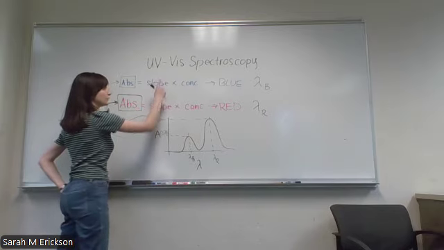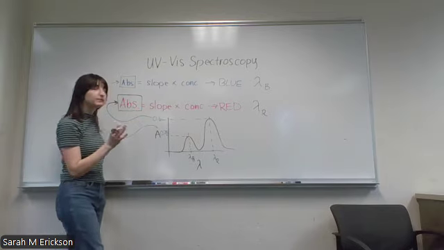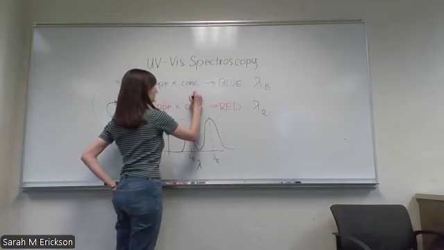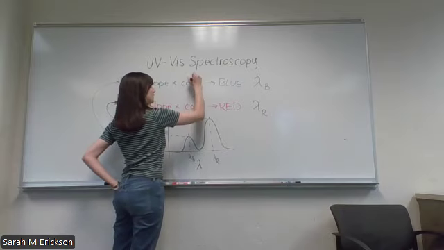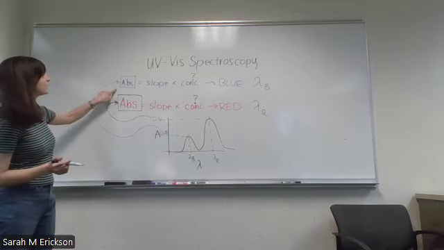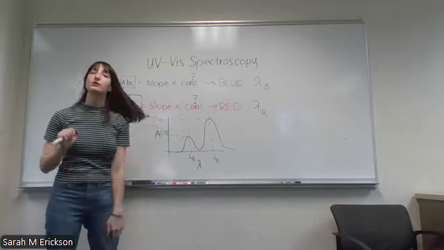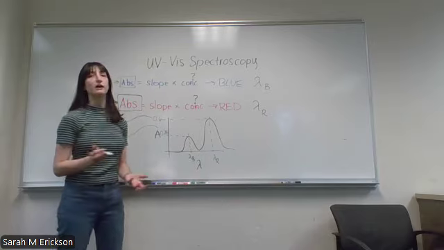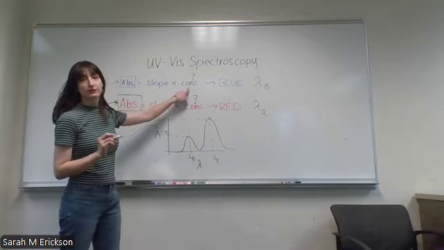You have a slope. The slopes will be different, but they'll just be a number. And you have concentration, which you don't know. What you have now for each of your dyes is one equation with one variable that you don't know. So all you have to do now is solve for concentration.